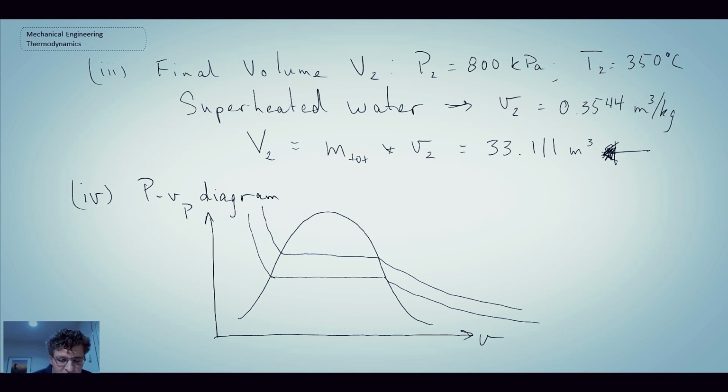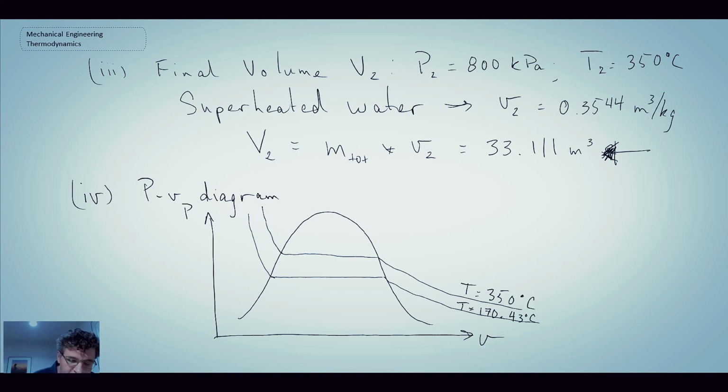What I've drawn here are two different isotherms. One is at 170.43 degrees C, and the other one is an isotherm at 350 degrees C.